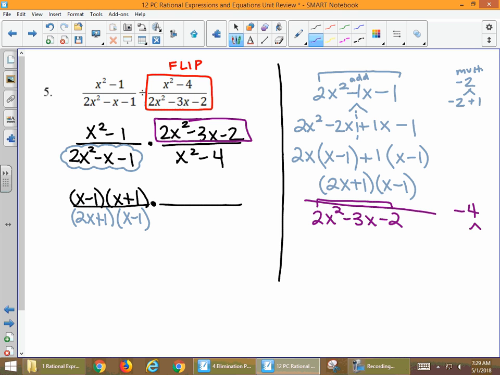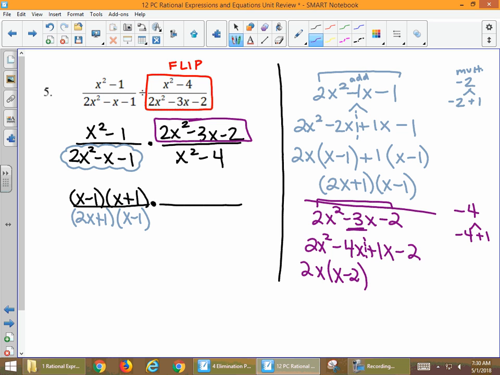Two numbers that multiply to negative 4 and add to our middle term there, negative 3, are negative 4 and positive 1. Split the middle term. I'm going to bring down my 2x squared, bring down my negative 2. Cut my problem in half. My first two terms have 2x in common.